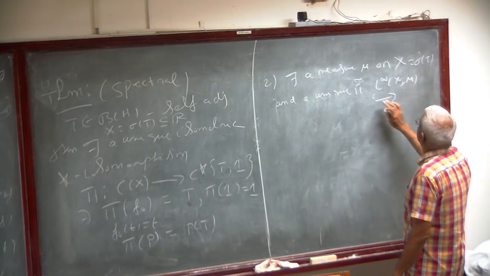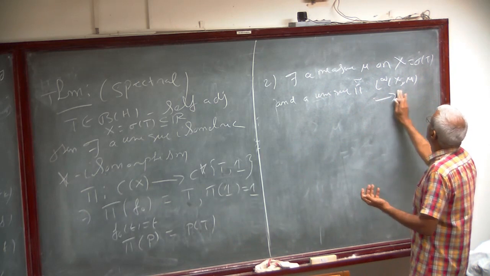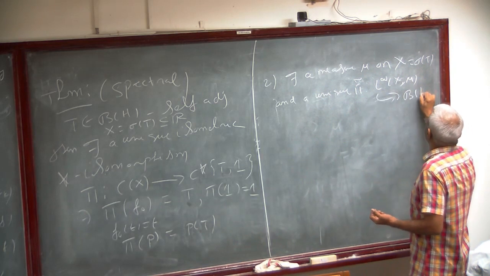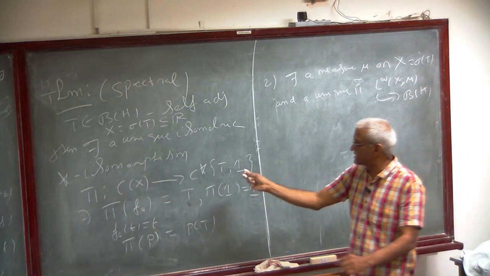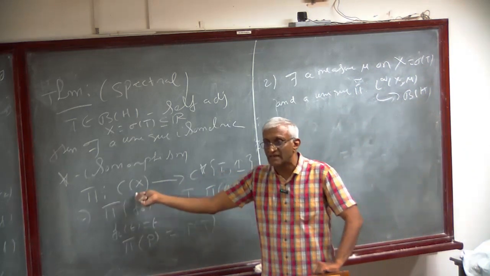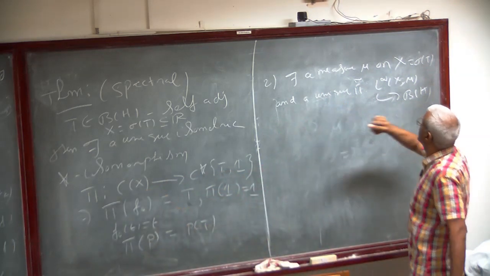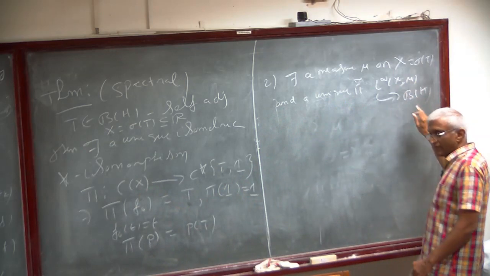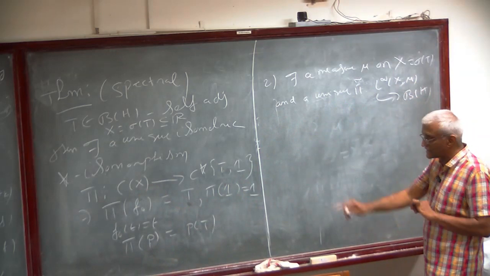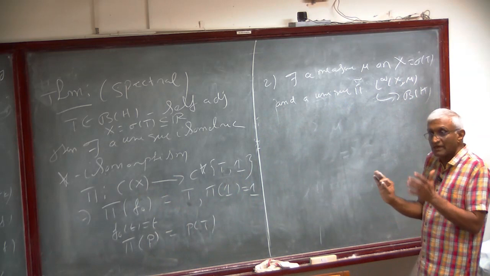So we just write it into B of H. There you have an isomorphism between the C star algebra generated by T and C of X. Here it will also be an isomorphism between L infinity of X, mu and the von Neumann algebra generated by T. We will come to that later.